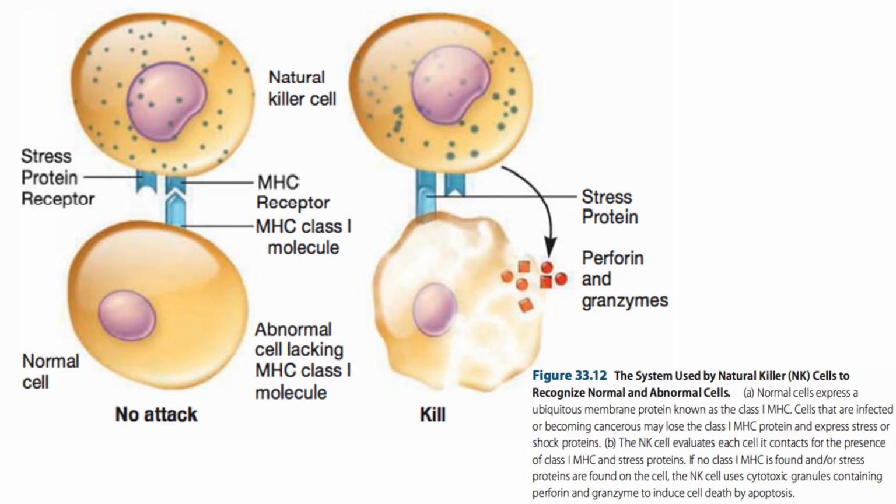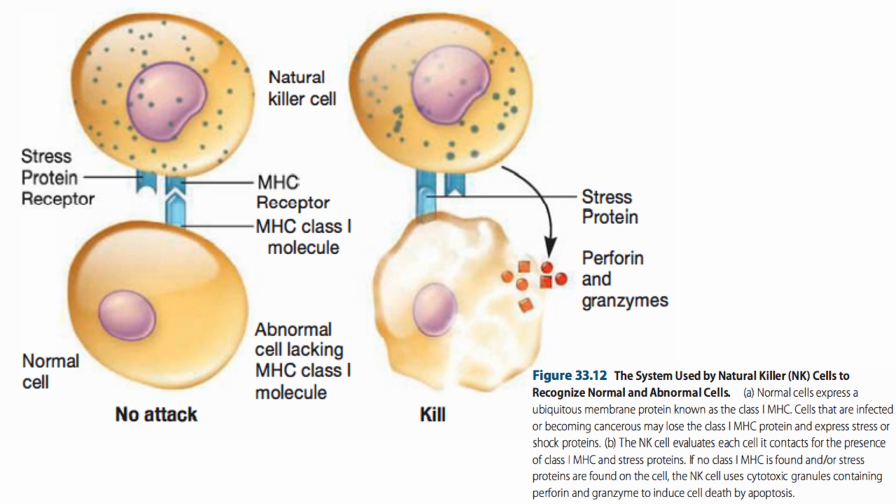The figure on the screen represents the system used by natural killer cells to recognize normal and abnormal cells. In figure A on the left, the normal cell expresses a ubiquitous membrane protein known as class 1 MHC. Cells that are infected or becoming cancerous may lose the class 1 MHC protein and express stress or shock proteins. In the figure on the right, the NK cell evaluates each cell it contacts for the presence of class 1 MHC or stress proteins.